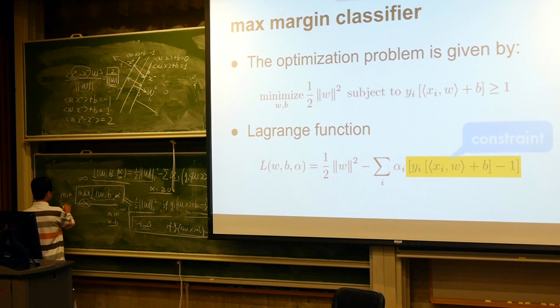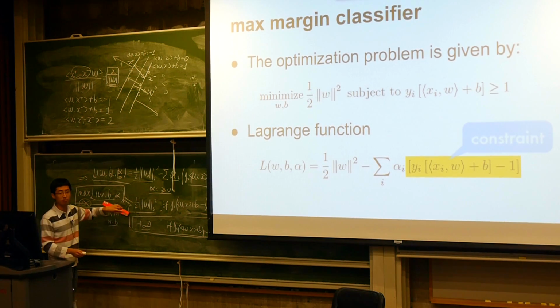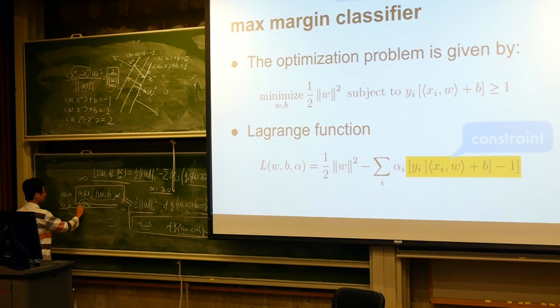So using this formulation, we get the original optimization problem. But if we switch the order of these two optimizations, we get another problem. We just switch the order of the optimization, we get another problem.